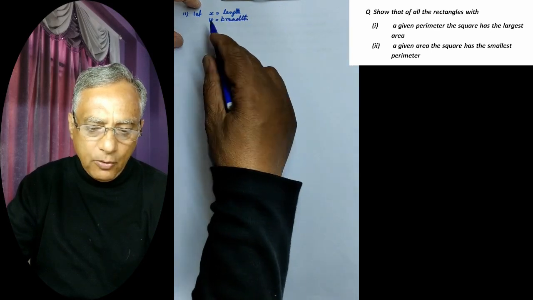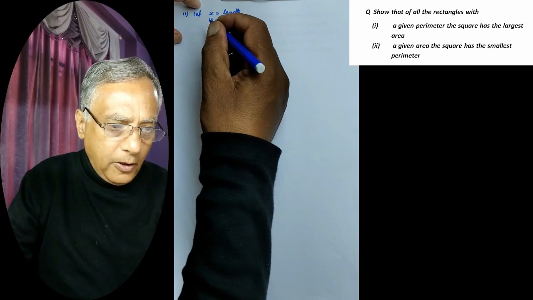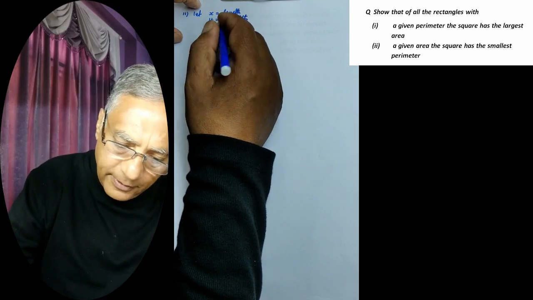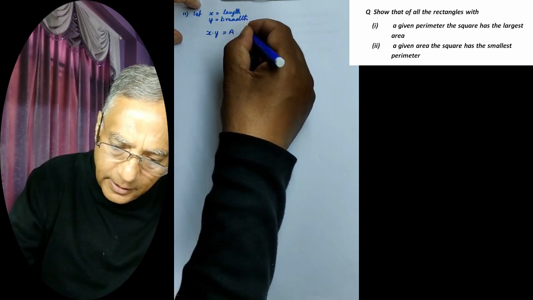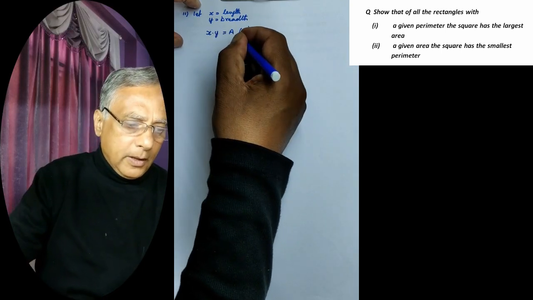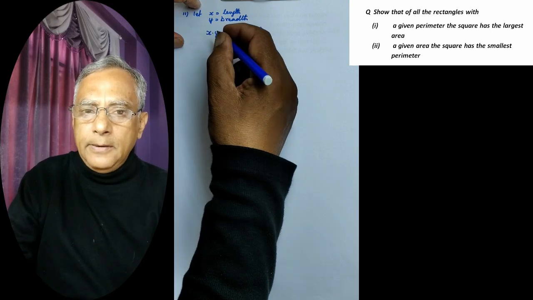Now the area of the rectangle is given, that is x into y is equal to a, which is fixed, it is constant. Of a given area, the square has the smallest perimeter.